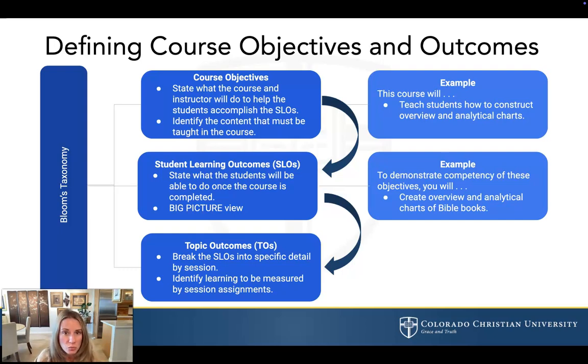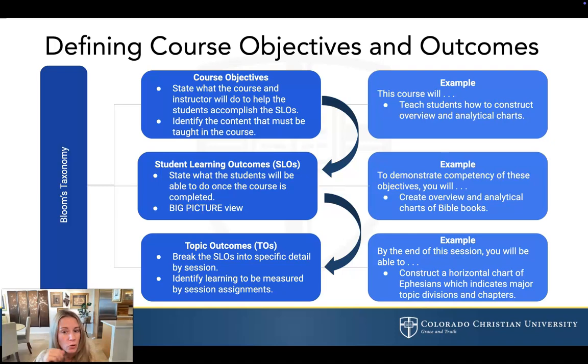So it's going to be more specific because it's going to be aligned with this very specific session topic. Here's an example. By the end of this session, not the course, but this session, you will be able to construct a horizontal chart of Ephesians, which indicates major topic divisions and chapters. See how much more specific it gets when we get to the topic outcomes at the session level.